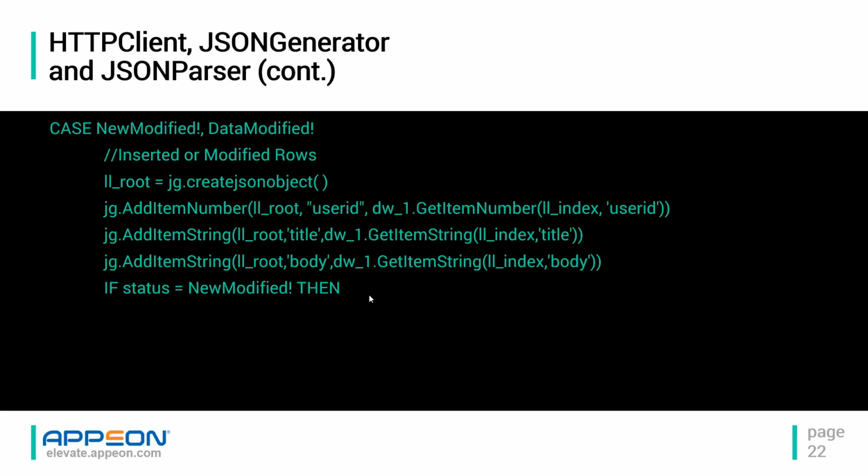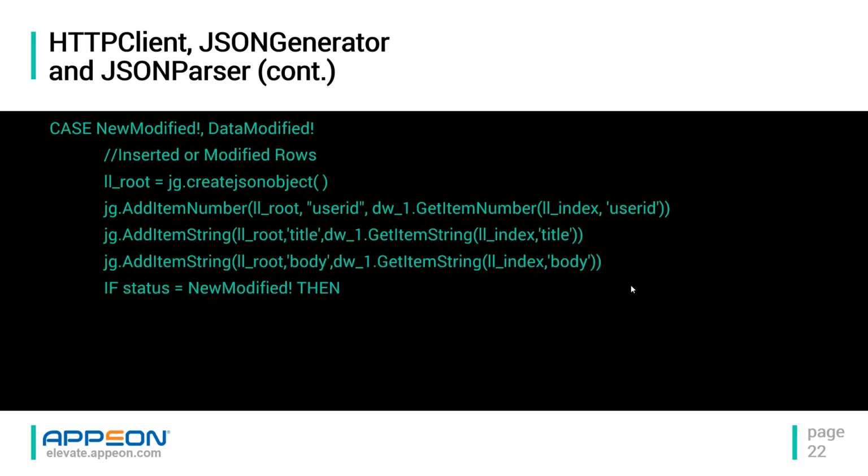So in either case, I'm going to create a JSON object, a blank JSON object. I'm going to get the values from the data window for the user ID, the title, and the body of what was either inserted or updated for this particular row. Because you remember there were 4 columns: the ID, user ID, title, and body.